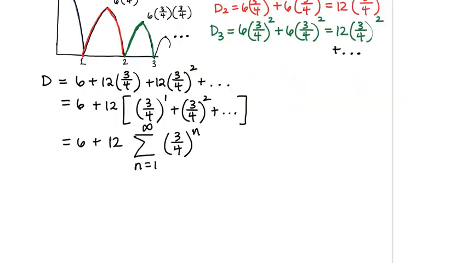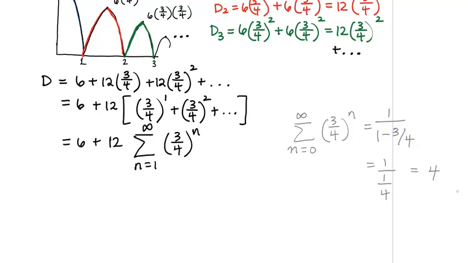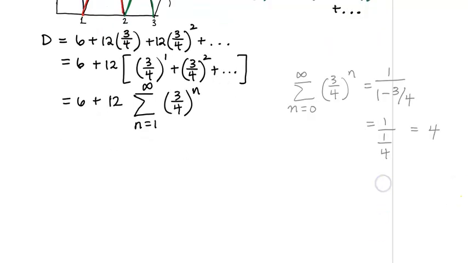There are a few different ways you could compute that. If you want to take a second and think about the formula that says when the index starts at 0, you get a over 1 minus r. So if I know that when the sum starts at 0, I would get 4, then when the sum starts at 1, it would be 4, and I need to take away the 0 term, because our sum did not have the first term that started at 0.